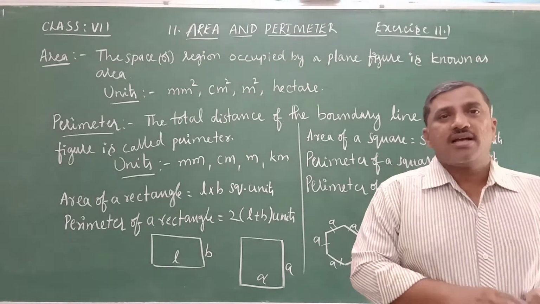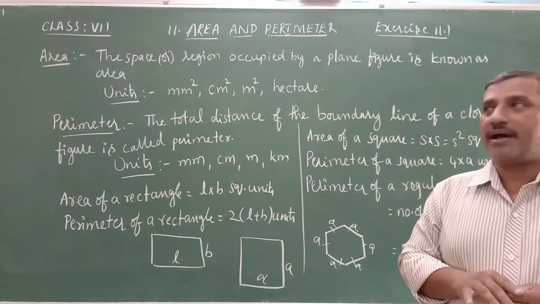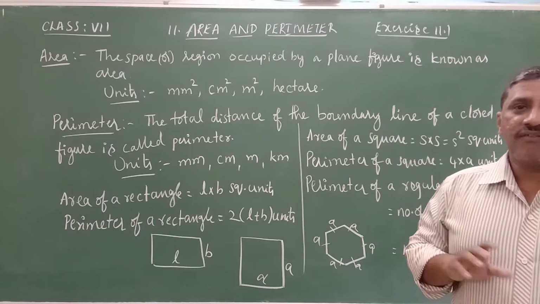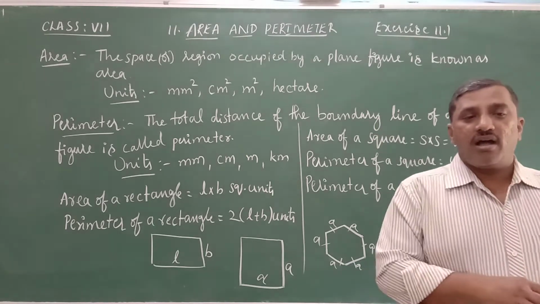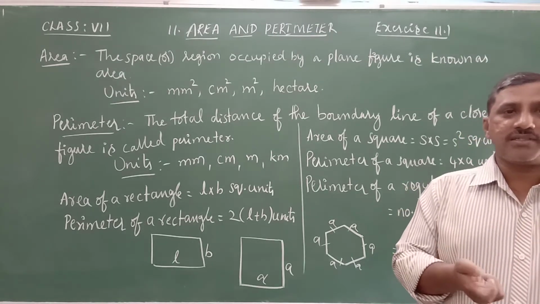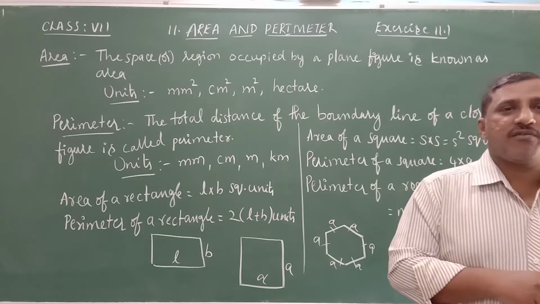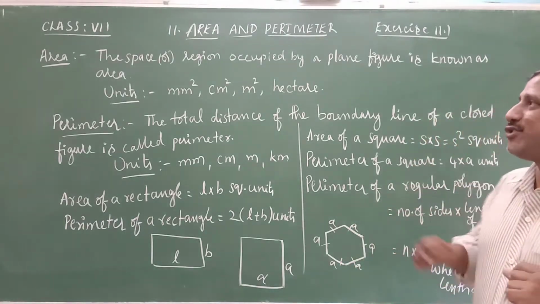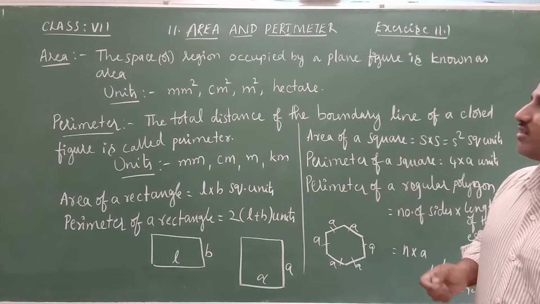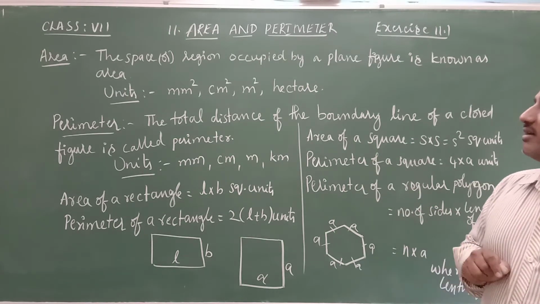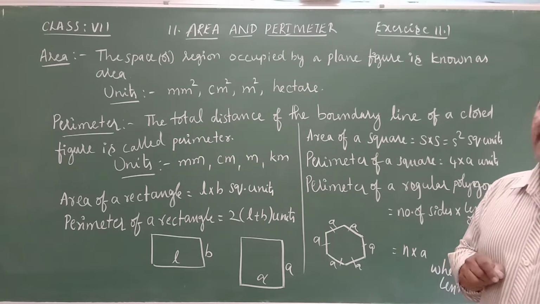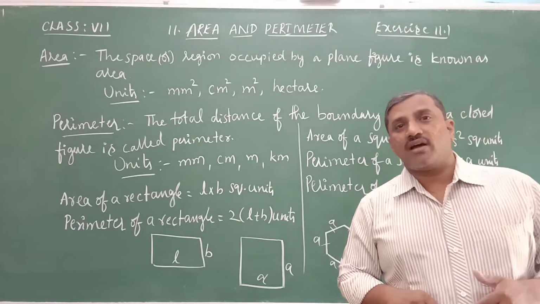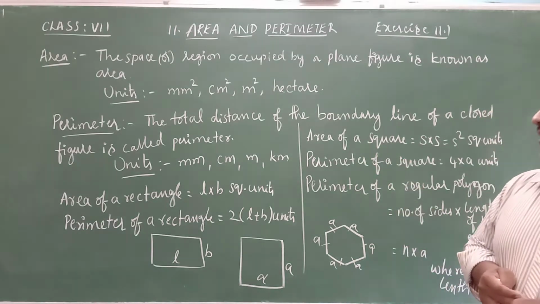For example, if you keep a rectangular shaped paper on the table, that paper will occupy some space. That space is known as area, and its units are millimeter square, centimeter square, meter square, hectare, even still bigger, kilometer square also we use as the units.